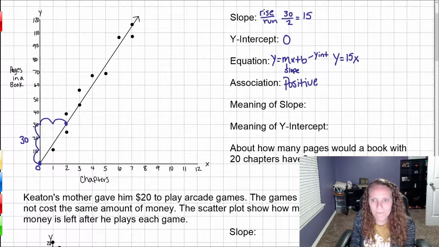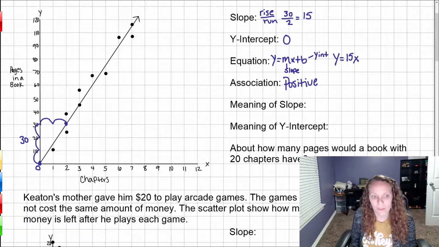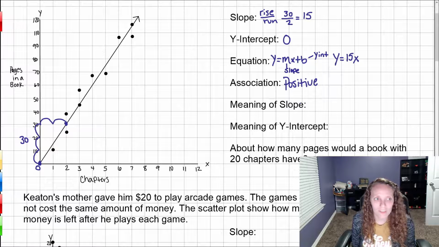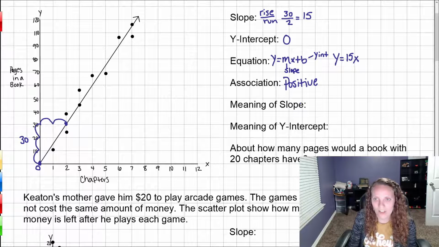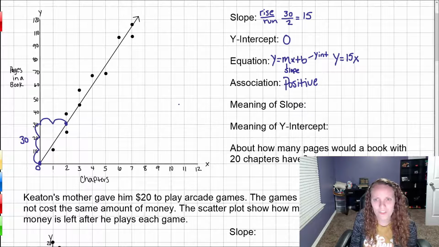And then the meaning of slope. So let's talk about what this problem's dealing with. Like I mentioned, people took various books. They looked at how many pages are in a book, and then they compared it to how many chapters are in that book as well. So the meaning of slope, let's see. Our slope was 15.